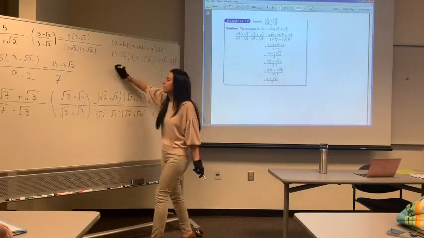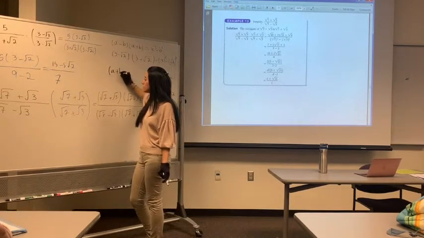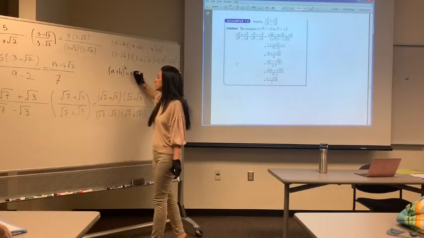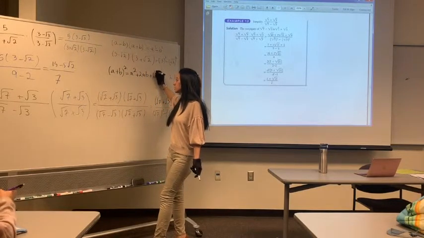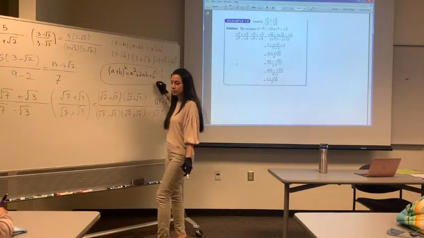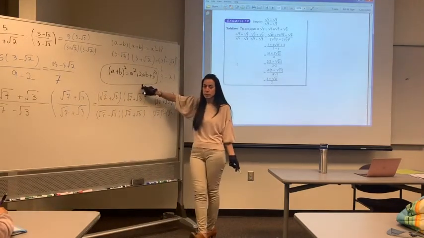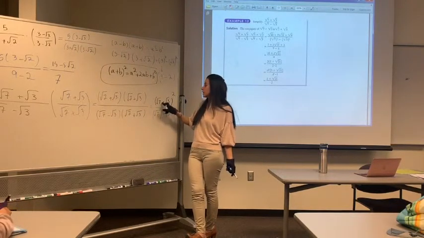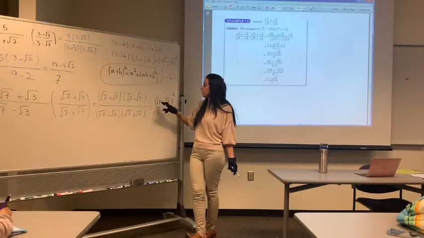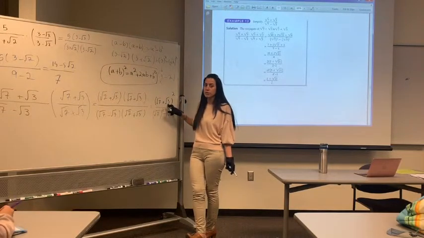So if we have a plus b to the power 2, this one is a squared plus 2 times ab plus b squared. Do you remember this? So I can use the same thing here. A plus b squared, so the result is a squared plus 2 times this one multiplied by this one plus b squared. Correct?